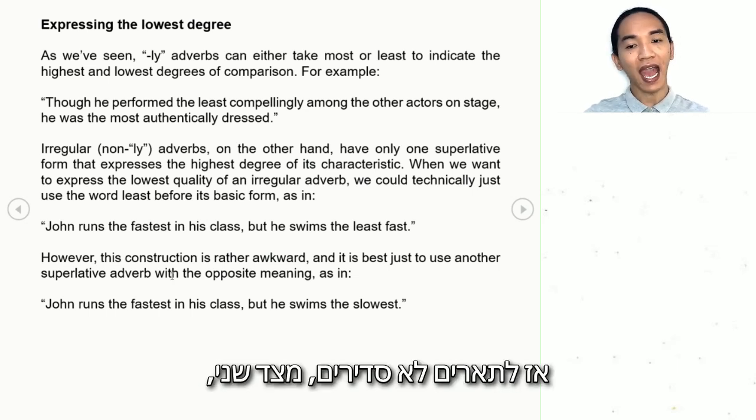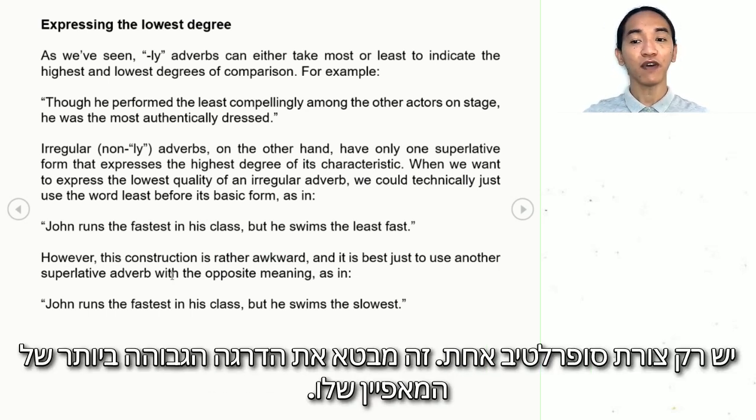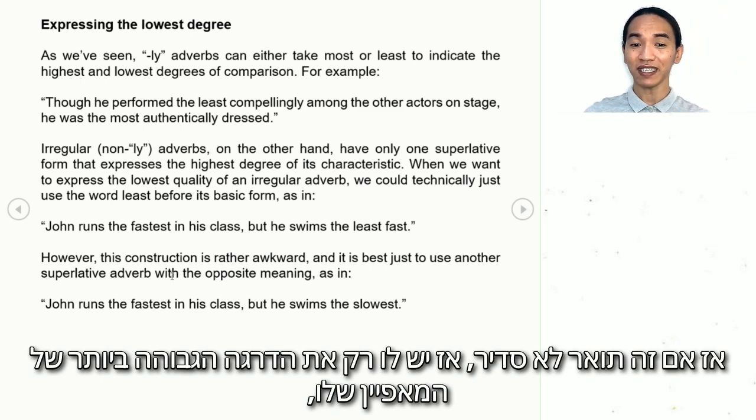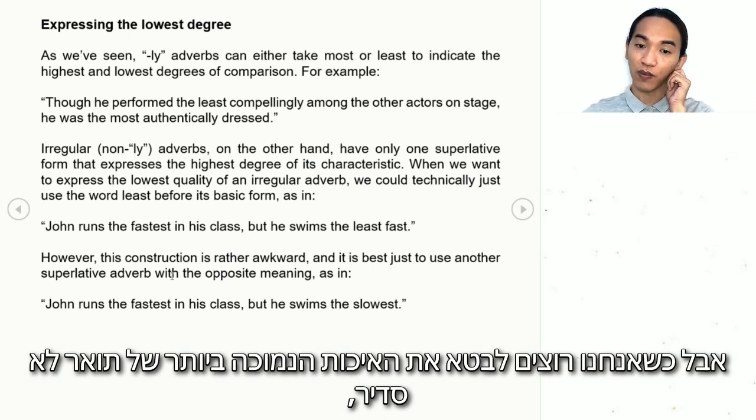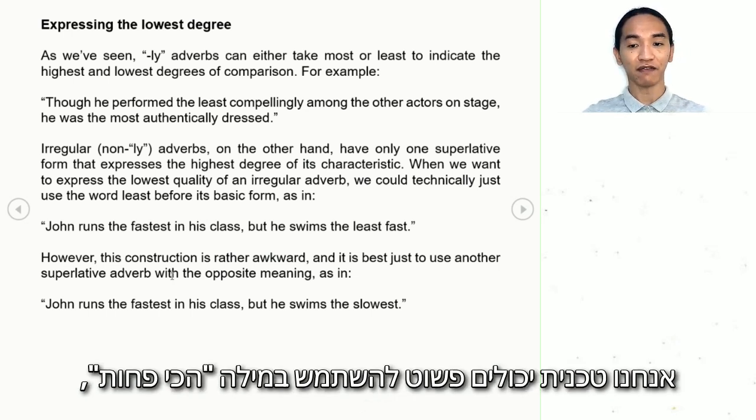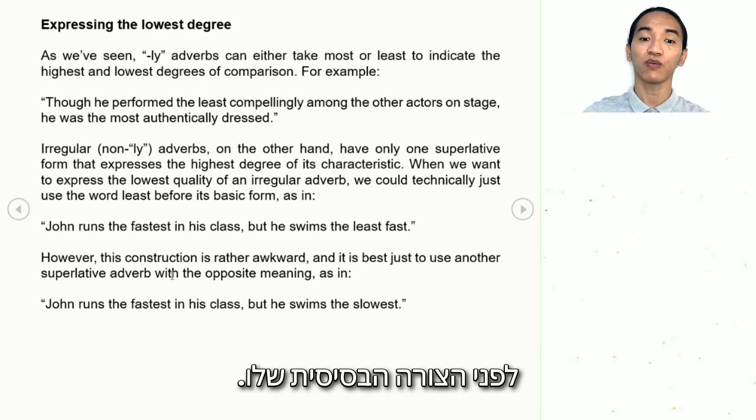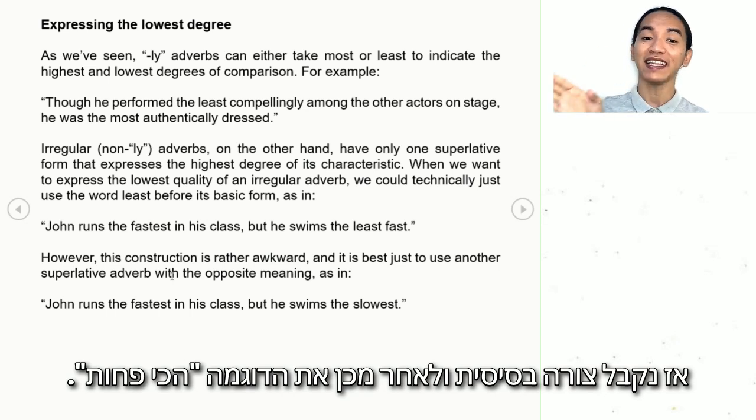Irregular adverbs, on the other hand, have only one superlative form that expresses the highest degree of its characteristic. But when we want to express the lowest quality of an irregular adverb, we could technically just use the word least before its basic form. So we will get least and then the basic form.